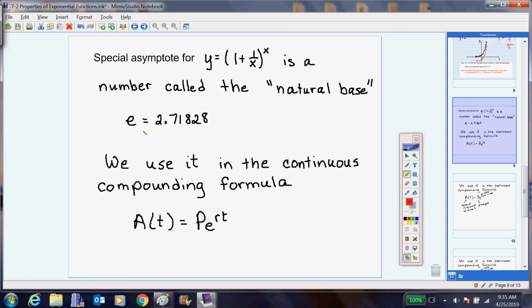It's kind of like pi is a very special number, and i is a very special number, being square root of negative 1. E is this very special number, 2.71828. It goes on and on and on.